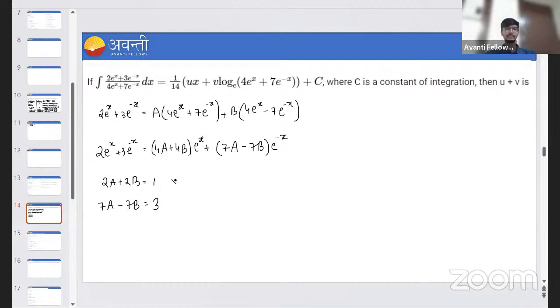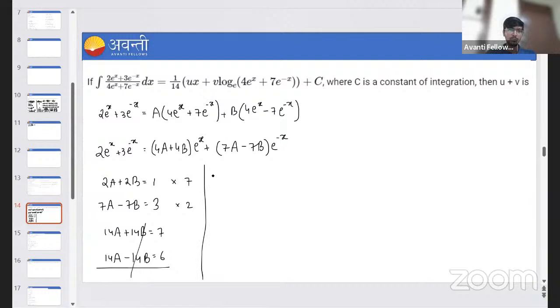So we have to multiply this by 7 and let's multiply this by 2. So I'll get 14a plus 14b is equals to 7 and 14a minus 14b is equals to 6. If we add, this will get cancelled and 28a is equals to 13.